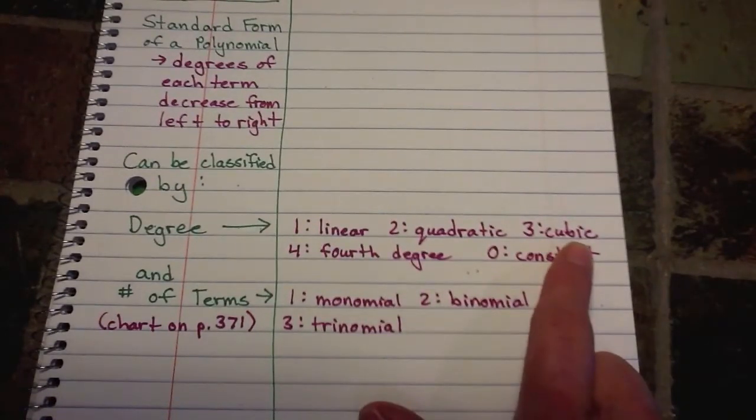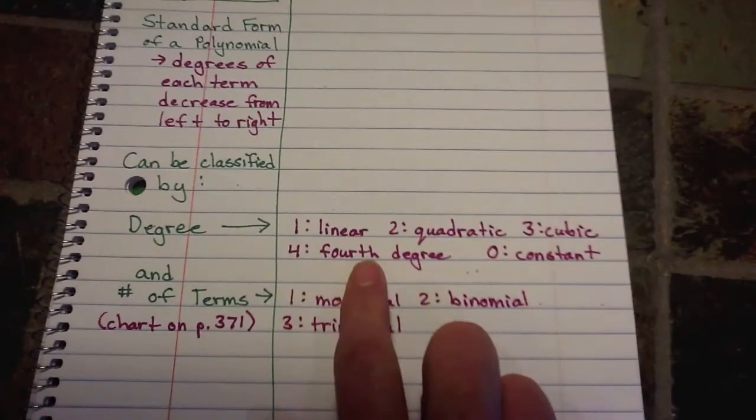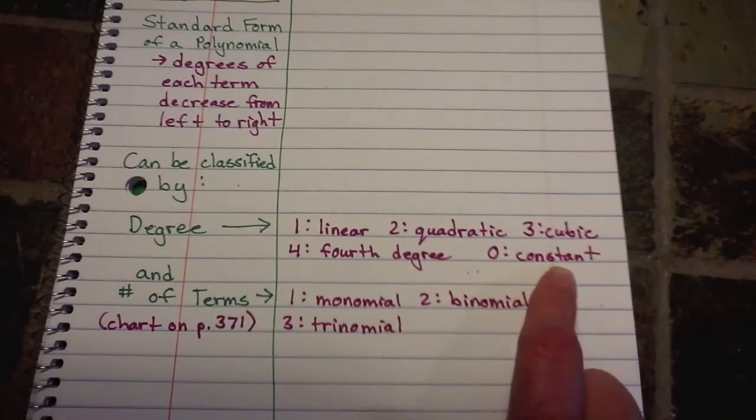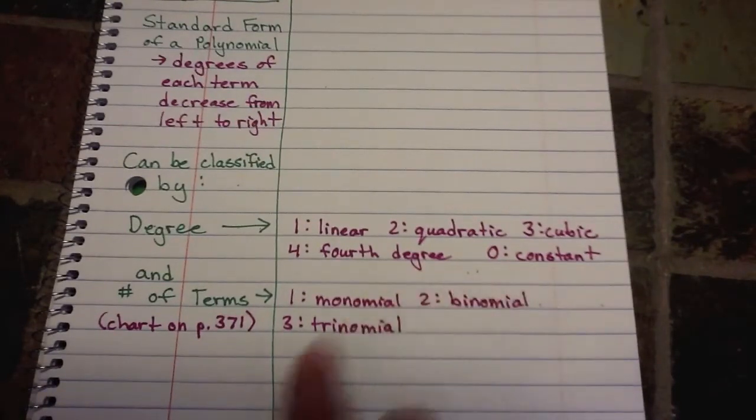Cubic would be a third, and then we have a 4th degree. And whenever you have a 0 exponent, that's a constant, like those degrees when we were getting 0 as our answer because there was no variable. Those are the ones with the special names. Once you get above 5th degree, 6th degree, all that, you would just say it like we did 4th degree.